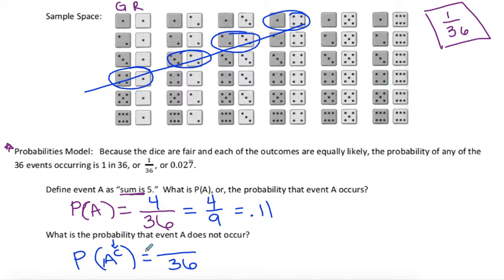If I add up all of those, I would get 32 of them that are not a sum of 5, because I only have those 4. This is going to start relating us to one of our basic probability rules we'll talk about in a second. But right now, we would just be counting out each one of them.